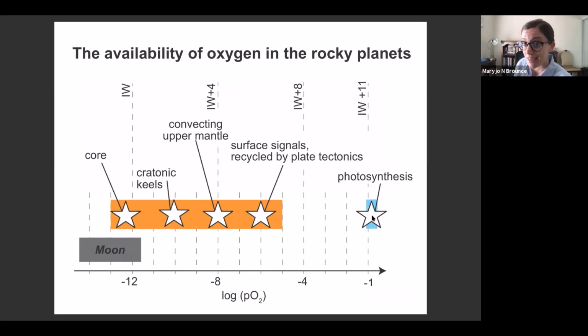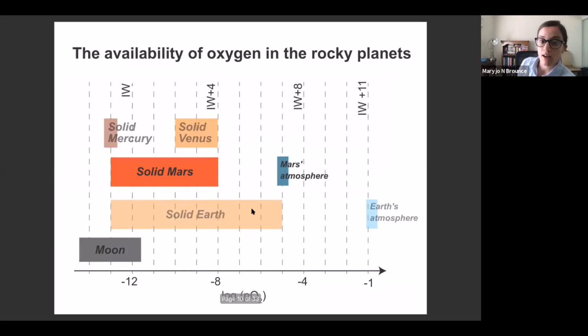And then plate tectonics will physically mix material that's been exposed to this very active oxygen exterior back into the interior of the Earth to create more oxidized rocks. When we look at Mars, we see that there's a similar, pretty impressively wide range in the activity of oxygen from the Martian meteorite collection, which are basaltic and cumulate rocks from Mars's crust.